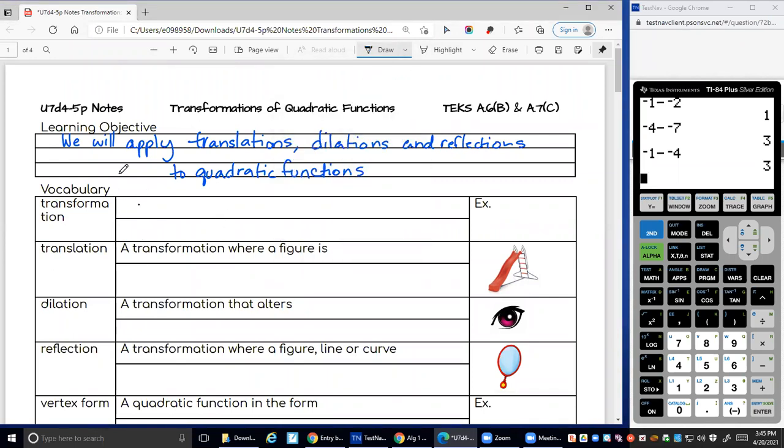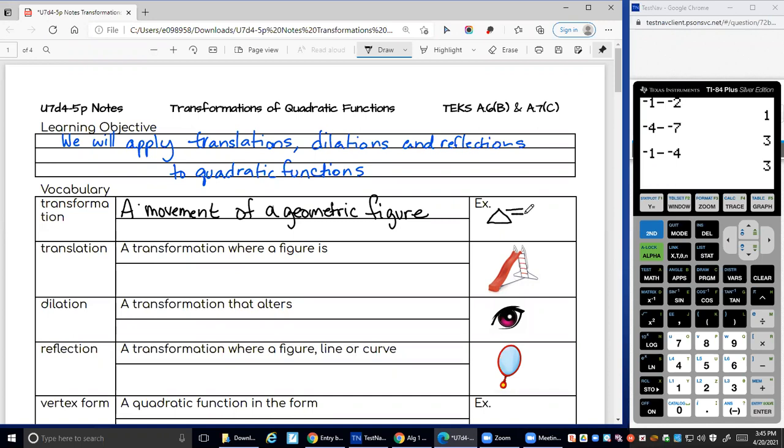Okay. So here we go with this. Our first transformation. Here we have a movement of a geometric figure. So basically, let's say that I've got like, I don't know, a little triangle here, right?